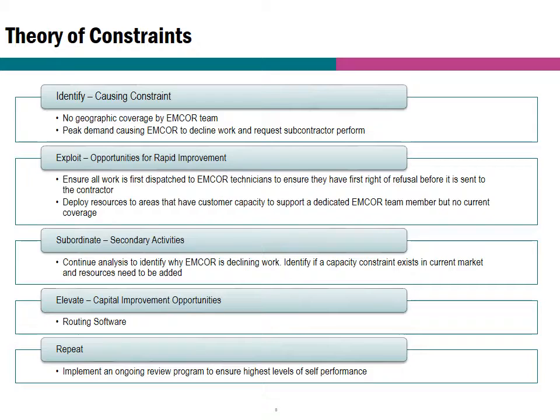So let's take a look at the bottlenecks, the causes, how do we improve them, and how do we continue with the continuous improvement method. So the two causes for the reliance on the subcontractors are, first, the geographical coverage by the EMCOR team.